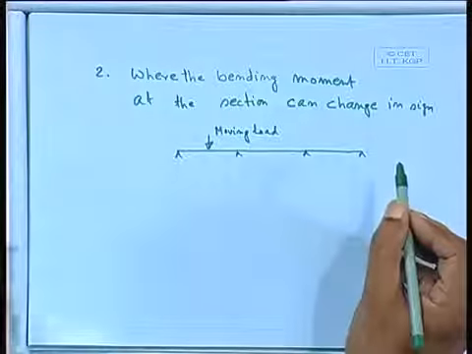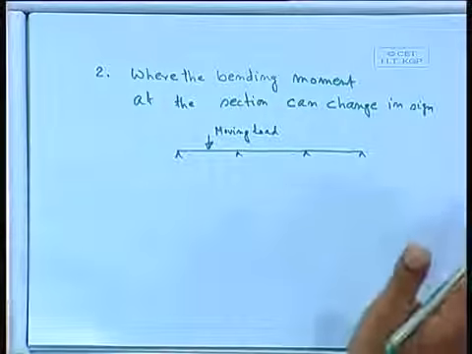Most of the cases our bridges are simply supported, but if the bridge is continuous, in that case, at the support, the bending moment can change its sign. Generally the top is in compression and the bottom in tension, but due to the change in sign it can happen the other way, bottom compression and top tension. So we have to provide adequate reinforcement, and in that case we have to use it as a doubly reinforced section.